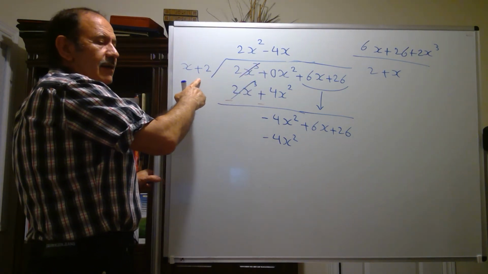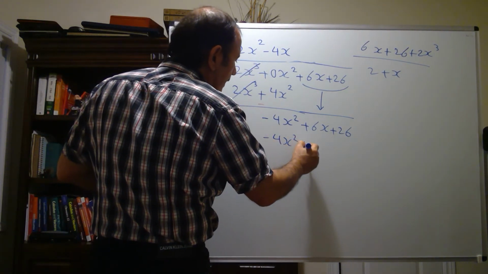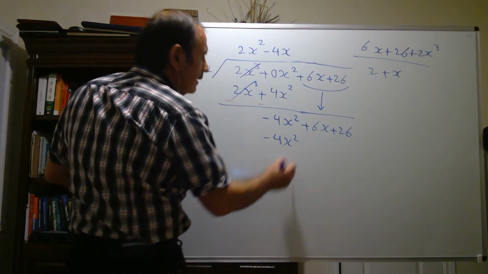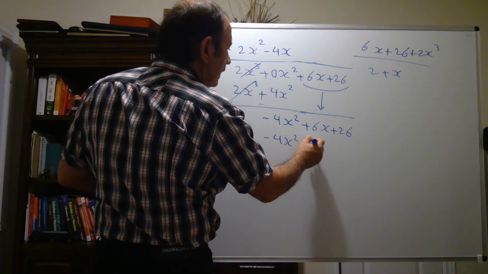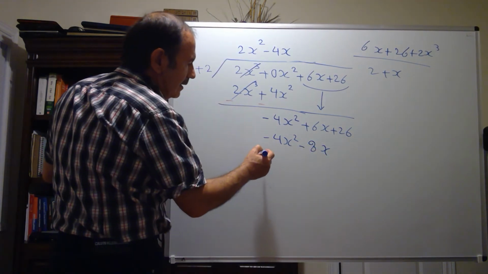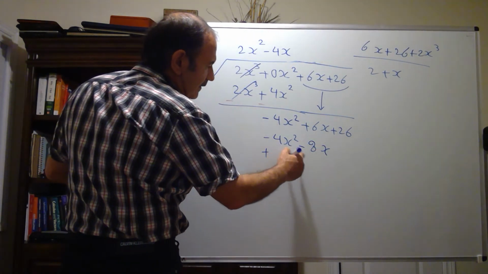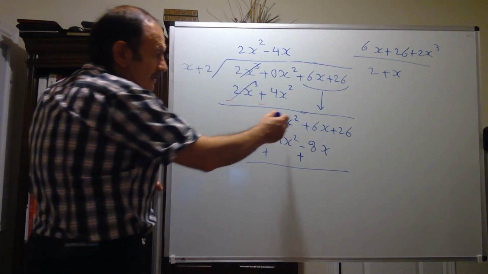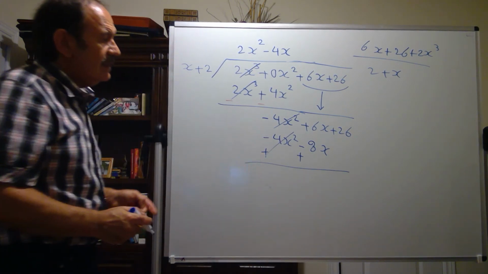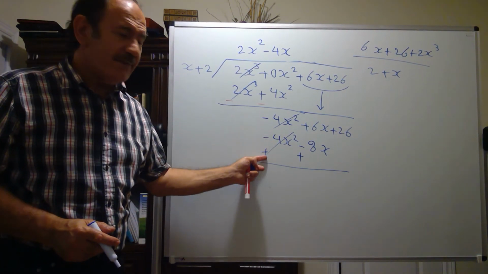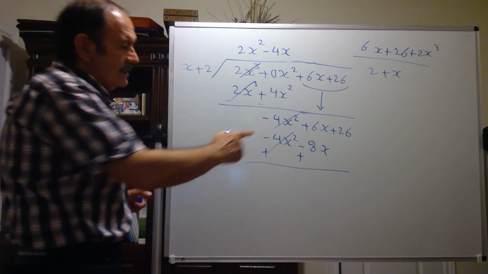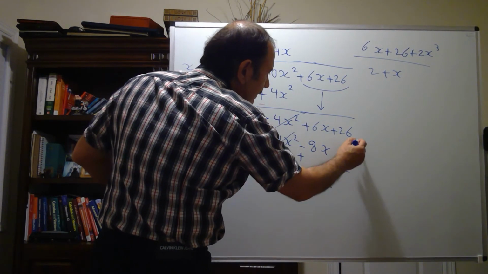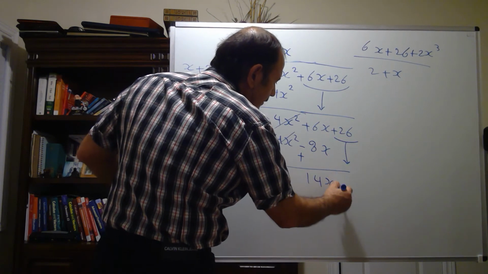Negative 4x times positive 2 is going to be negative 8x. Change the sign, negative make it positive, negative make it positive, and add top and bottom. The first terms should always cancel each other. Minus 4x squared plus 4x squared cancel each other. 6x plus 8x is going to be 14x, and drop the remaining part, plus 26.